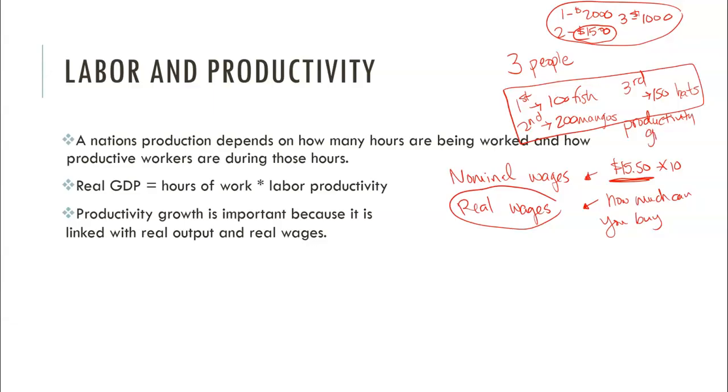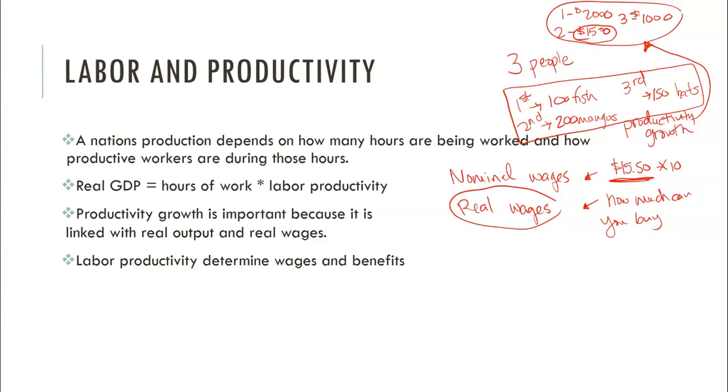We can produce more stuff per person, per day, per hour. And that is what's causing our wages to go up. So now I have 10 times as much money. Now I can buy 30 fish instead of 3. Okay, so productivity growth is important because we need real output to increase for real wages to increase. Otherwise, it's just inflation.